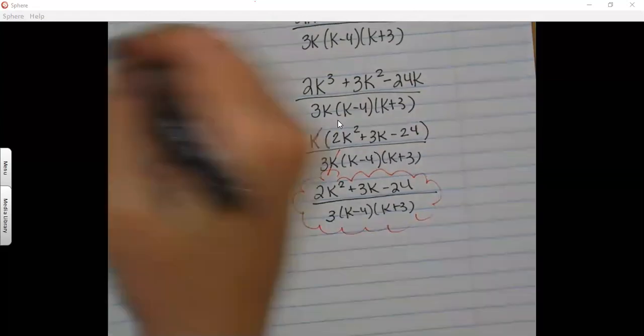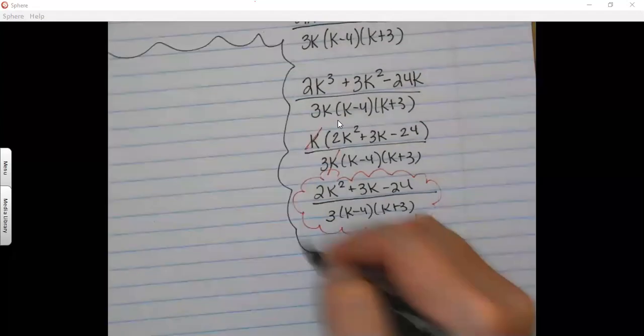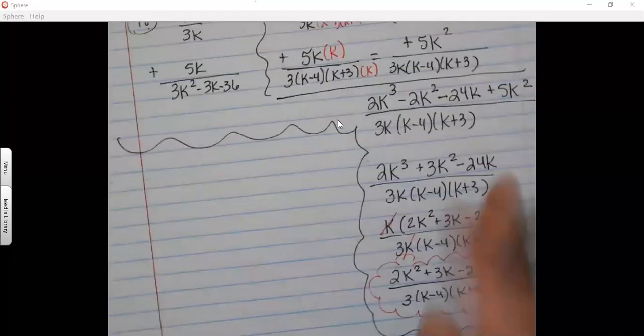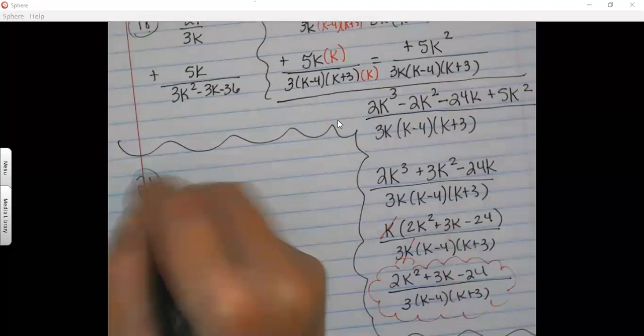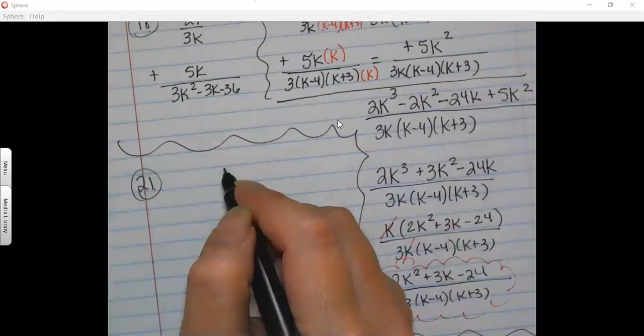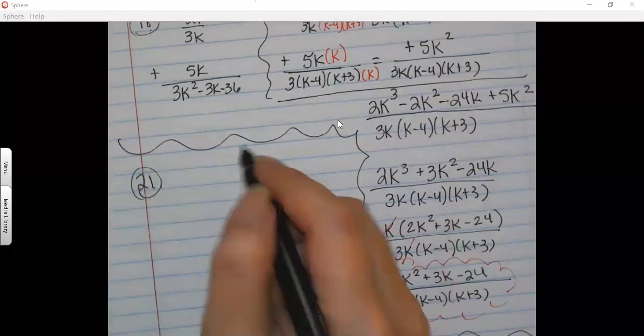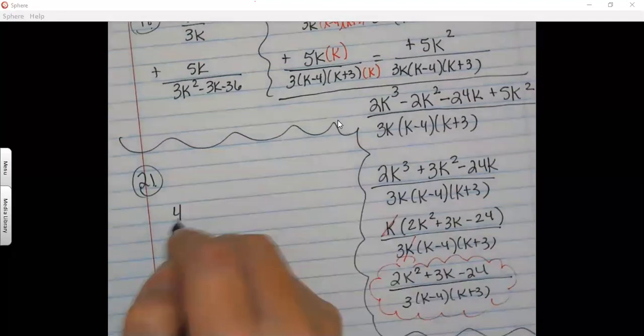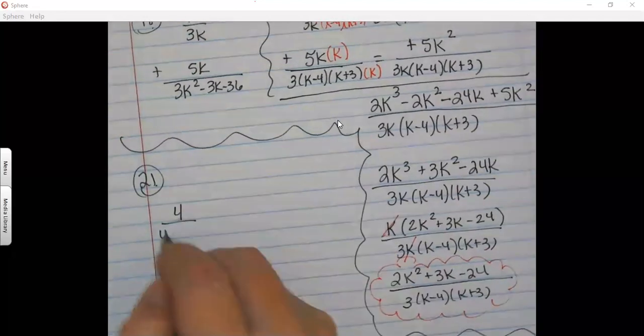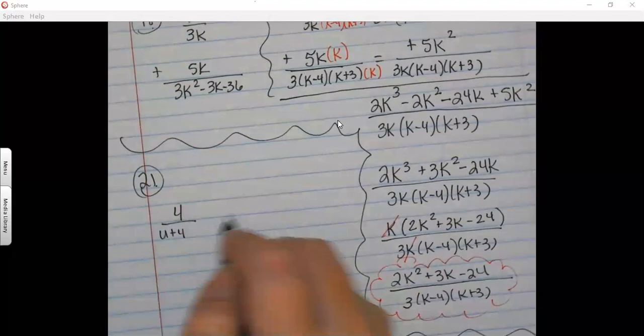How did y'all do on expanding completely? Pretty good on those? Okay. So let's see, 21. Try to write very neatly so I don't mess myself up with my own handwriting. Sometimes we are our own worst enemies.